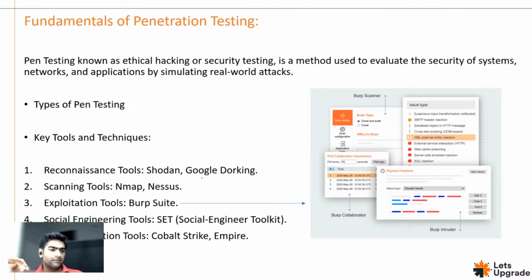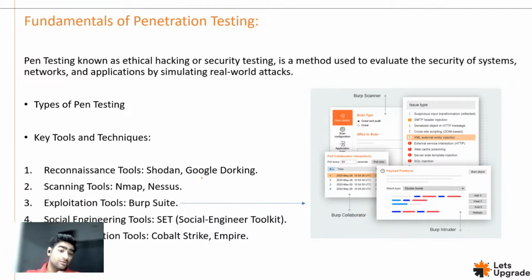If you are using Shodan and Google Dorking, these things are very helpful. The third thing, which we already know, is Google, the best search engine to search for all the information and do reconnaissance. Then there are scanning tools like Nmap and Nessus, which we used yesterday.